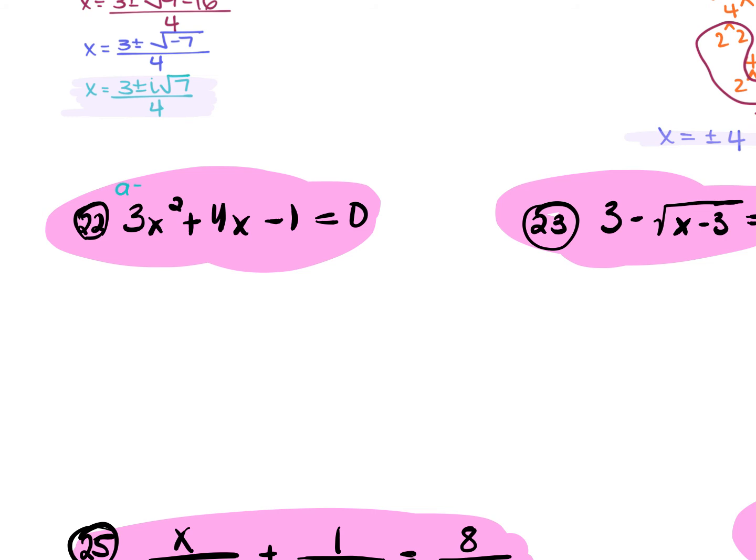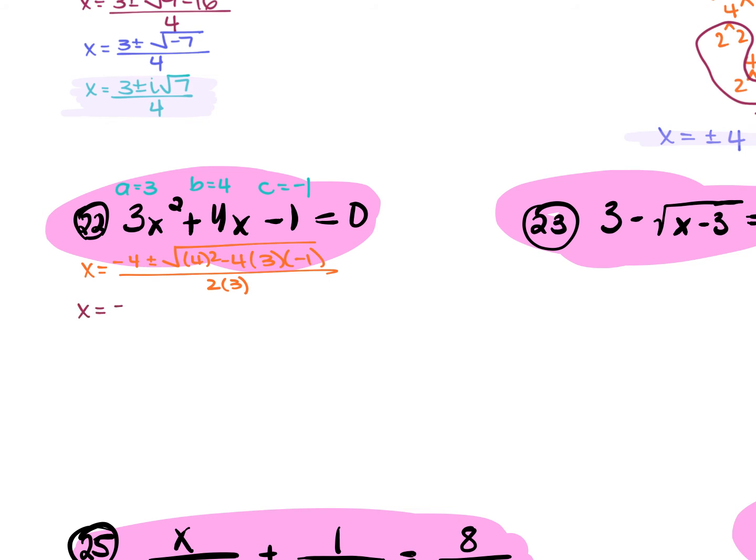Your a is 3, b is 4, and c is -1. So plug this into your quadratic formula. You're going to have x is equal to the opposite of 4, so -4 plus or minus the square root of 4 squared minus 4 times 3 times -1 all over 2 times 3.